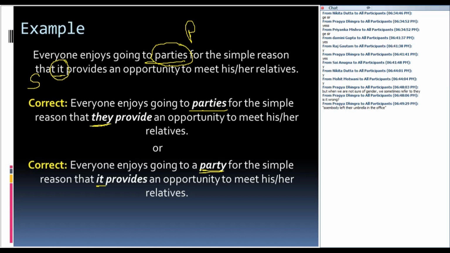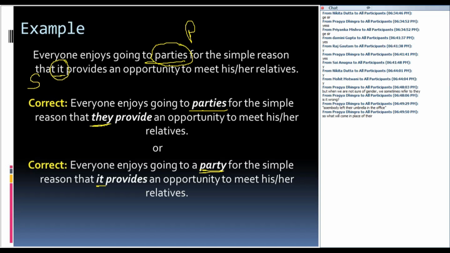Whenever you are not certain, this is wrong. Somebody is singular. Somebody is an indefinite pronoun. And yesterday I told you, all indefinite pronouns that end in body, one, and thing, they are singular. So we know for certain that somebody is singular, so I cannot use their.